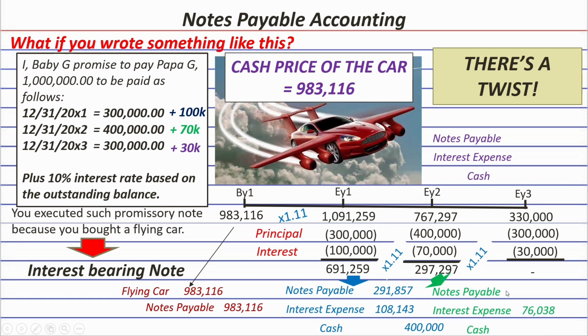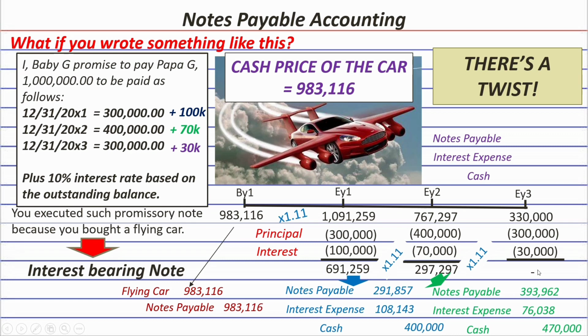And the debit notes payable will be the difference of these two balances. And the difference of these two, we have 393,962. So those are the debits at the end of year 2. And of course, we have credit cash for 470,000. Again, that is composed already of principal payment and interest payment.